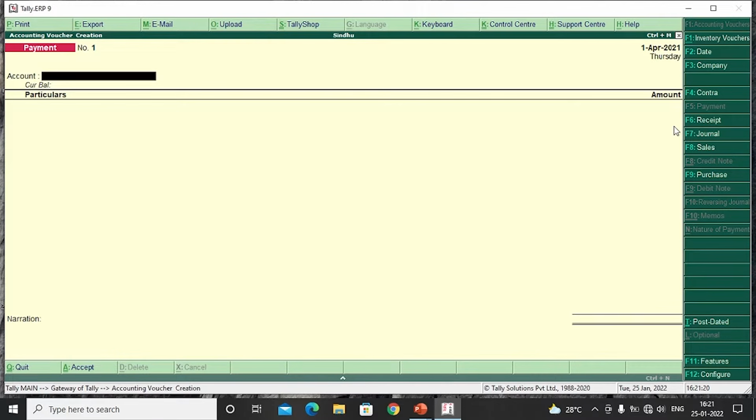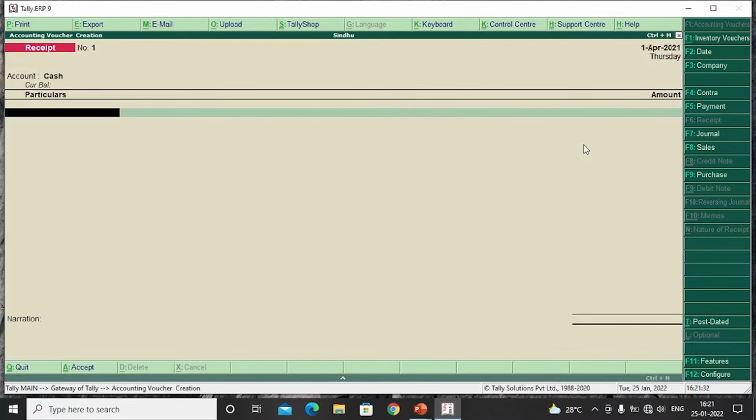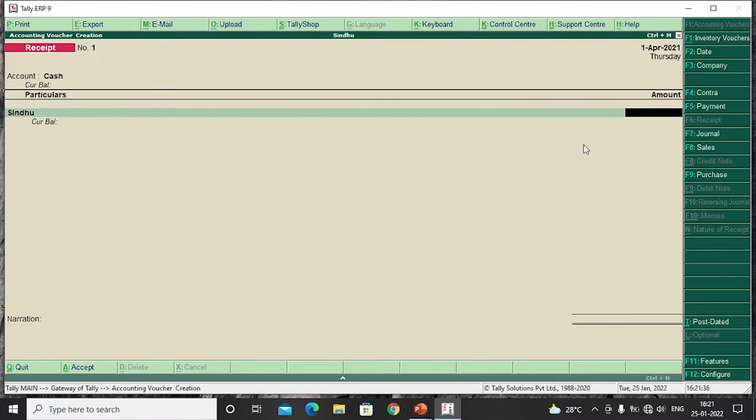So the first transaction is Mrs. Sindhu started a new business with 5 lakh rupees. It should be entered in a receipt voucher. Press F6 or go to receipt, cash, Sindhu, and the amount is 5 lakh.